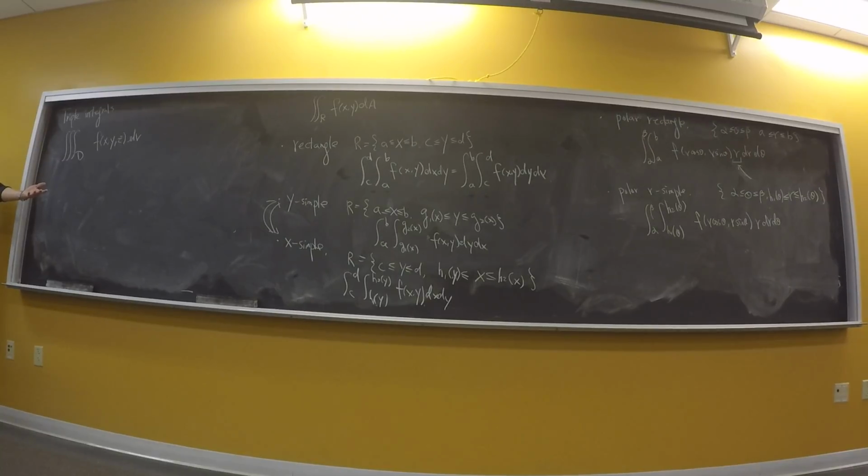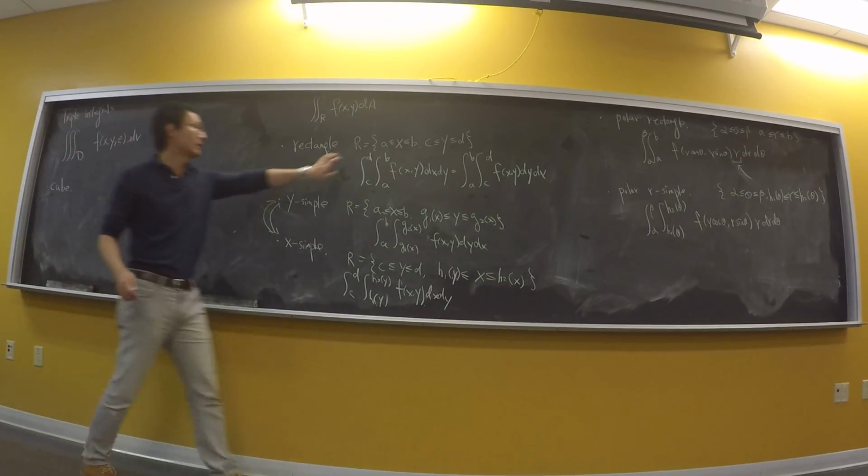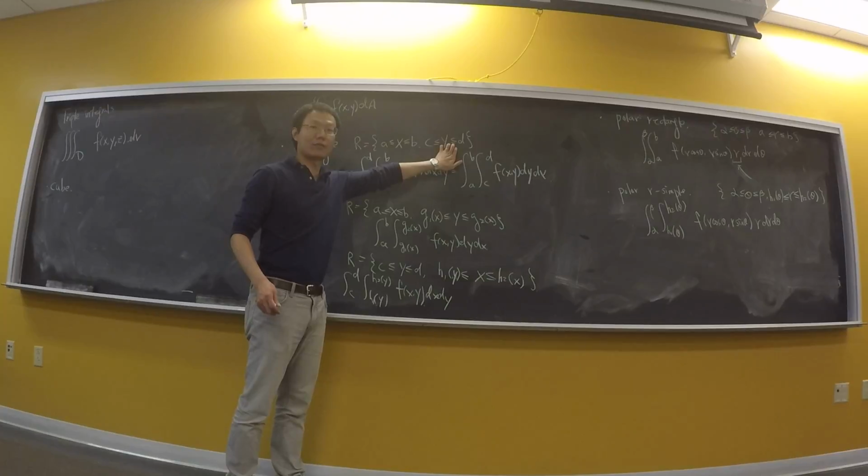So you can imagine how many different types of solid you can see in three-dimensional space. Okay, you can have a cube, which is the easiest possible case. So a cube is the equivalent of an interval in R3. A rectangle is the equivalent of an interval in R2, right?